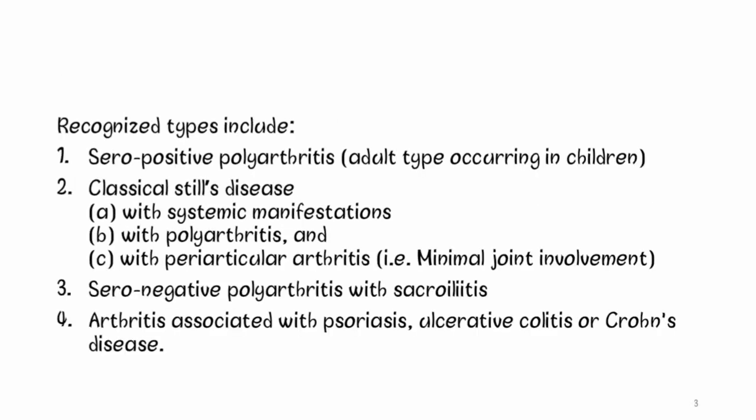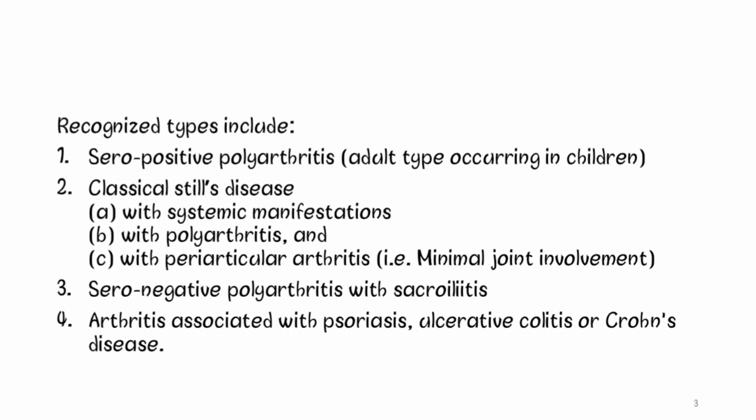Now, let's see what the several subtypes of JRA are. There are several subtypes of JRA including number 1, seropositive polyarthritis, that is adult type occurring in children. Seropositive and seronegative polyarthritis are the terms used to describe two different types of polyarthritis based on specific serological markers. These markers are antibodies present in the blood that can be detected through laboratory testing.